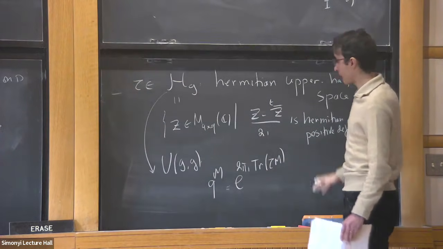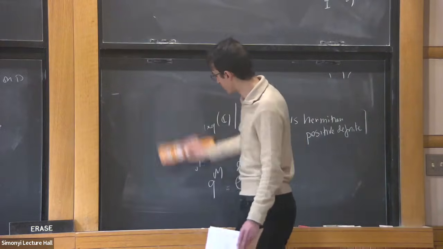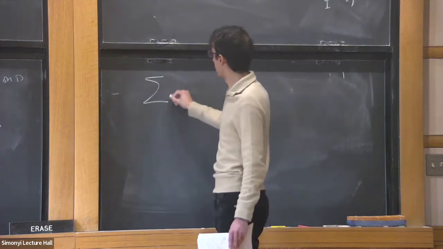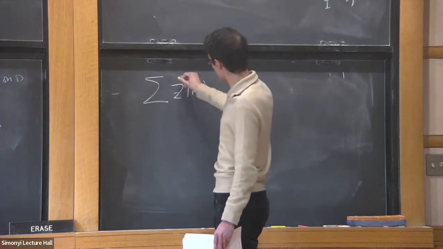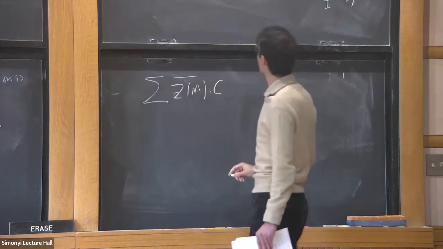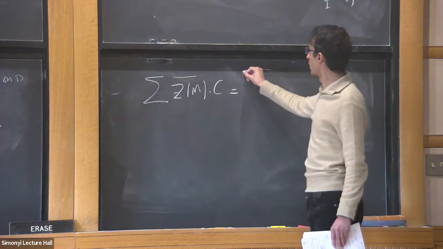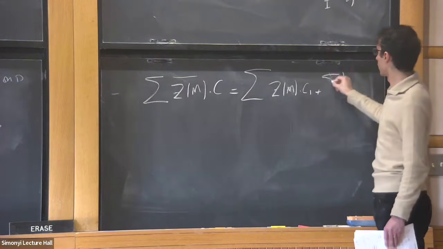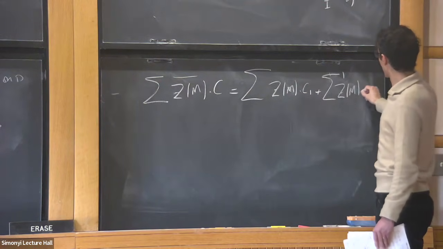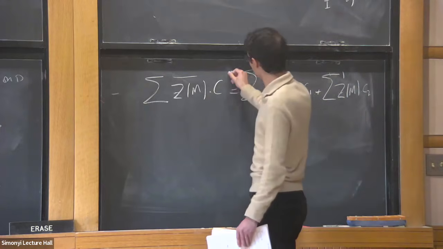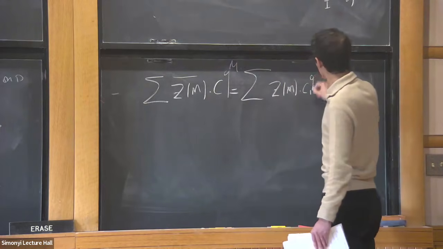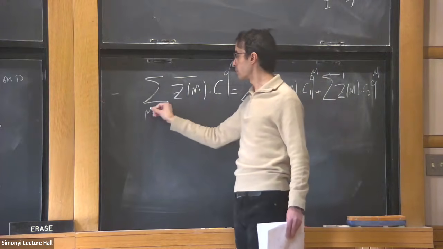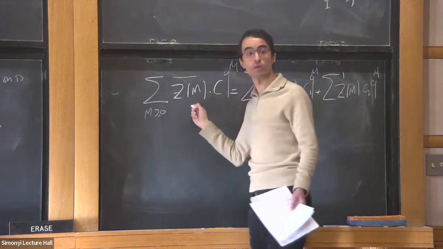Another way of saying that the generating series is a modular form, using Poincaré duality, is that whenever you pair it with a cycle C, which I can decompose along that sum, you get Z paired with C1, and then Z paired with C2, with q to the power m. So this is the generating series I want to analyze, to understand its modularity, quasi-modularity, and all of that.